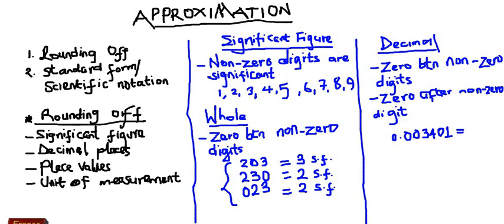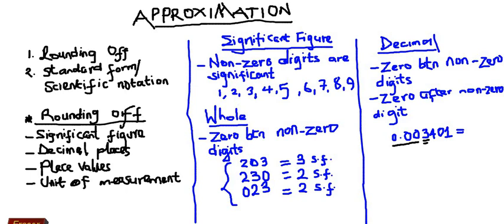So if we look at this number, of course our principle is that non-zero digits should be counted, but we are also going to include these two conditions on the significance of a zero in a decimal number. So the zeros that are before the first non-zero digit, those are not considered significant. So in this case, this chain of zeros before the first non-zero digit, all those are not considered significant.